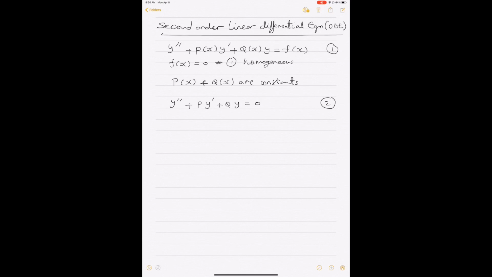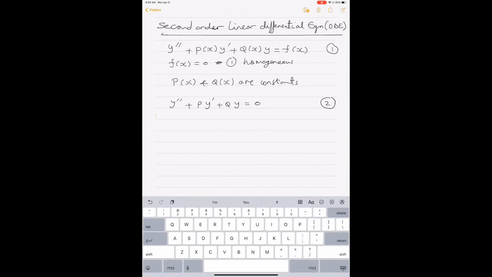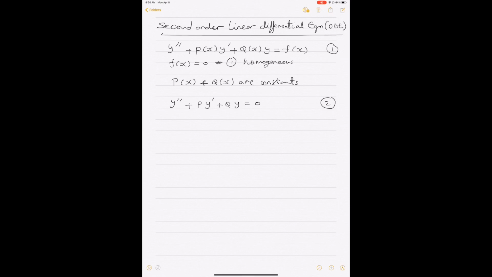Equation 2 is a standard second order linear differential equation with constant coefficients. It is also homogeneous because, as you can see, the right hand side is equal to 0.